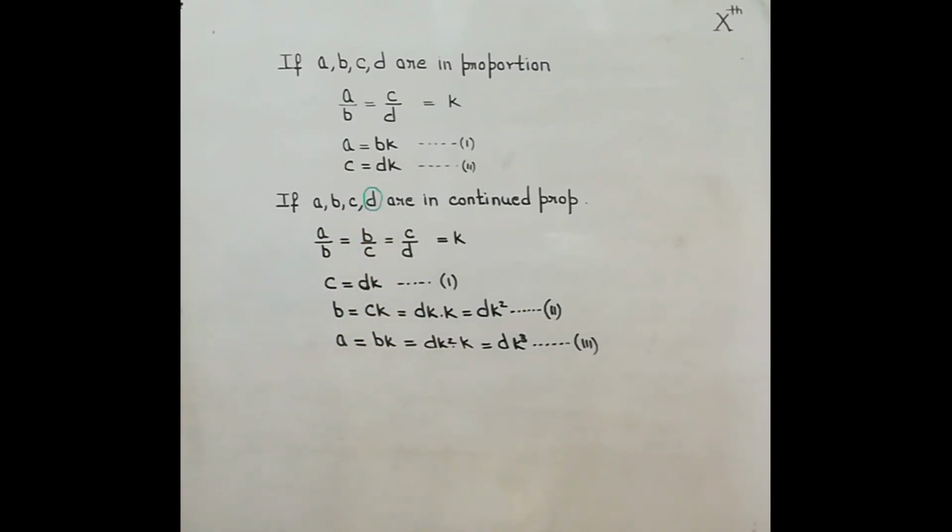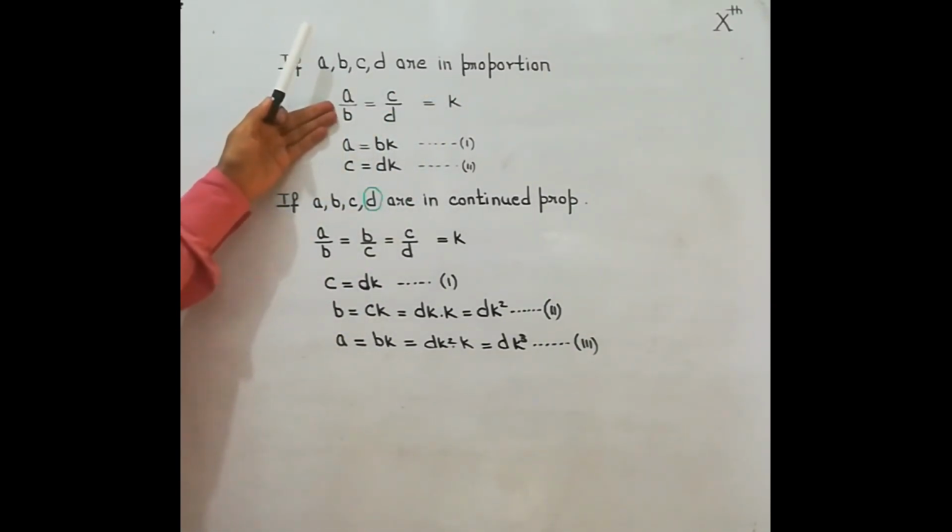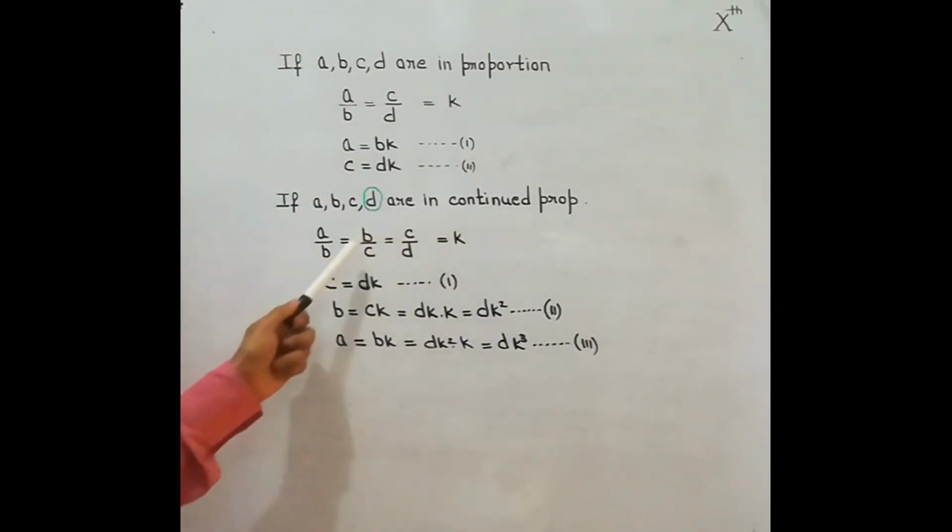Similarly, you can do it for 3 terms A, B, C. Now I told you, for 3 terms A, B, C, in proportion or in continued proportion, the meaning is the same. For 4 terms A, B, C, D, in proportion, the meaning is different, and in continued proportion, the meaning is different.